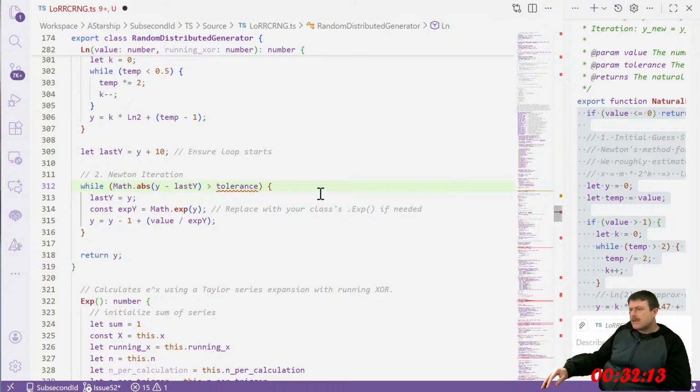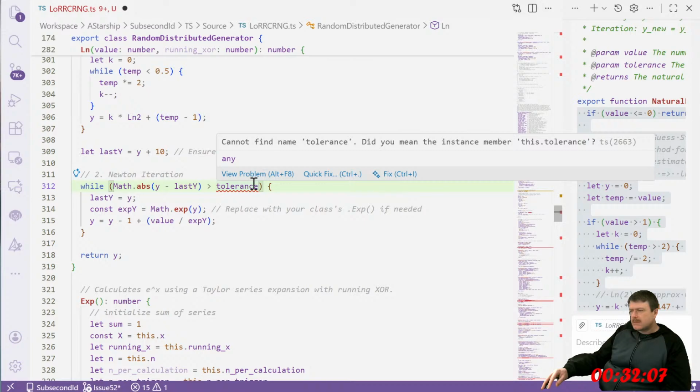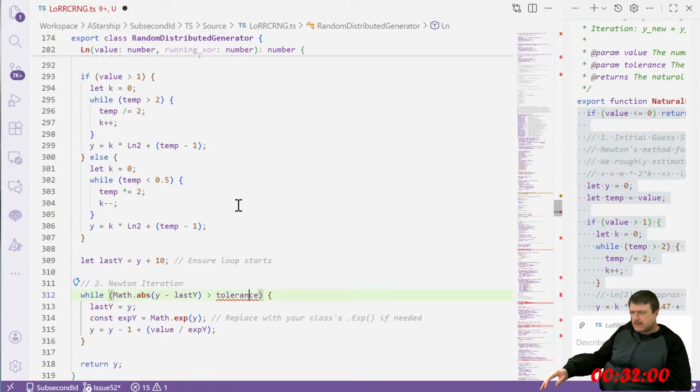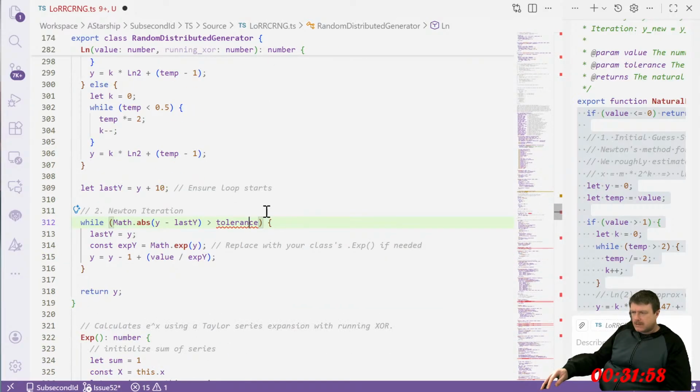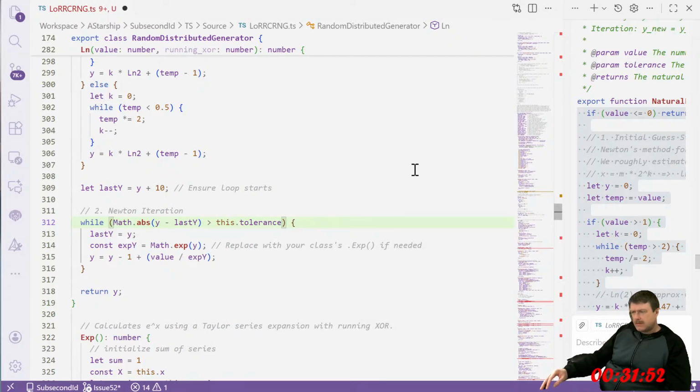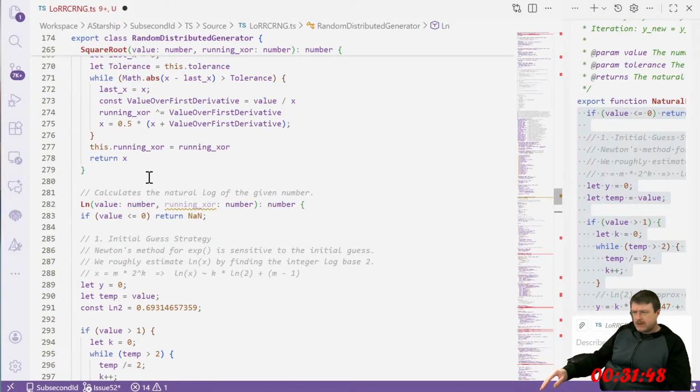I don't think that the ABS is going to take. I think it's just going to do some basic bit checking. Tolerance, what is this? What is this saying? Initial guess strategy?